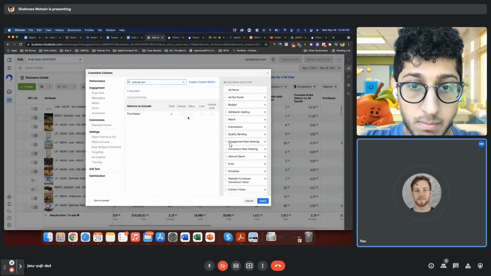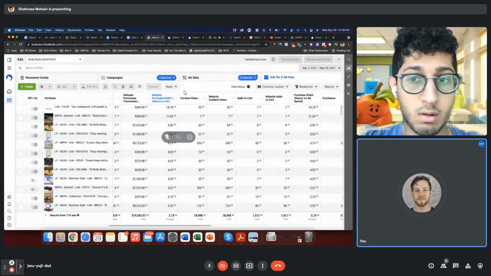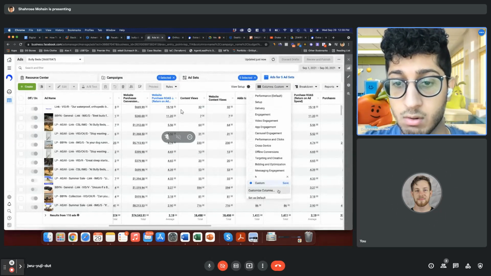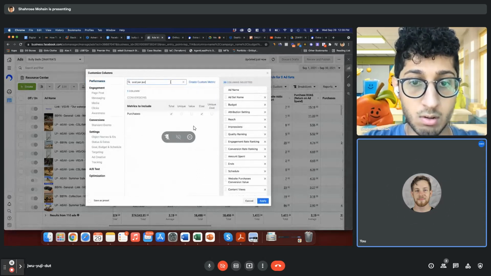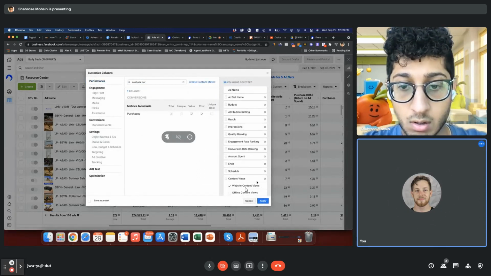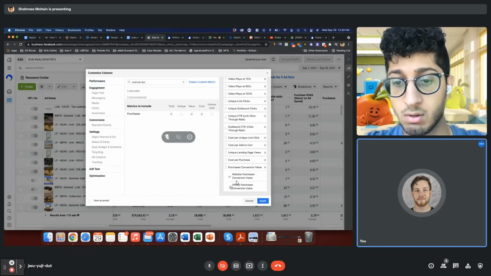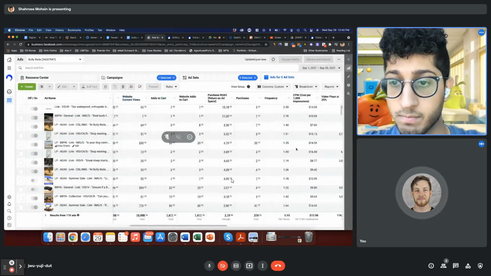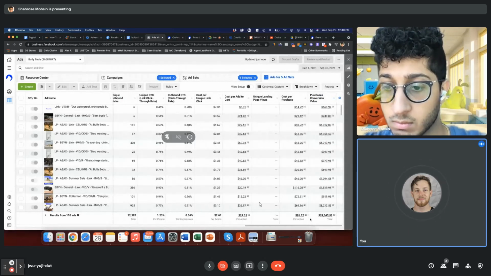Cost per result could probably be fine, or purchases, and then do value. Yeah, so do purchases, and then tap the value column. Yeah, both of those usually. All right, so scroll the way over here. So $91 per purchase at top of funnel.